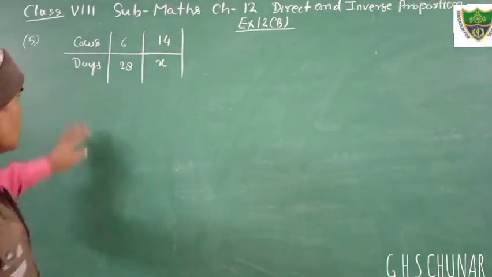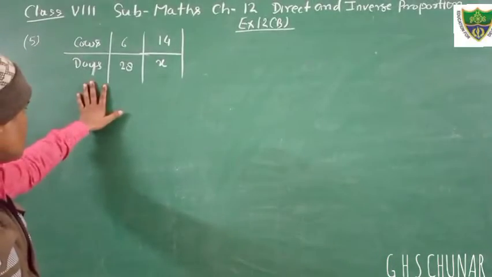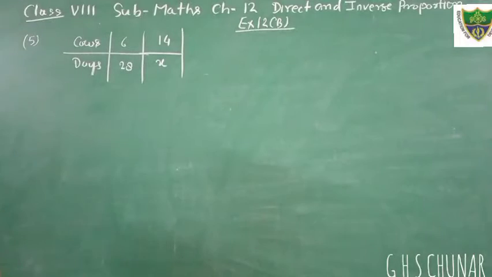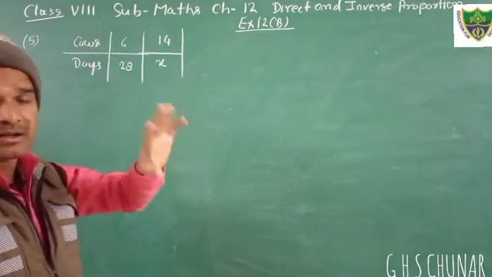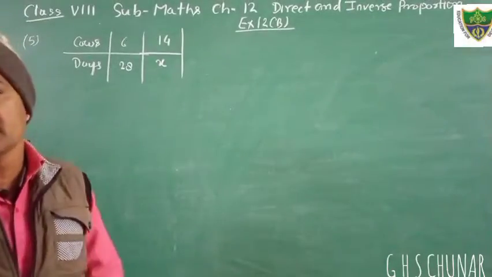Now you will check here whether it is direct or inverse proportion. Here we see that the grass is available for 28 days for the 6 cows.